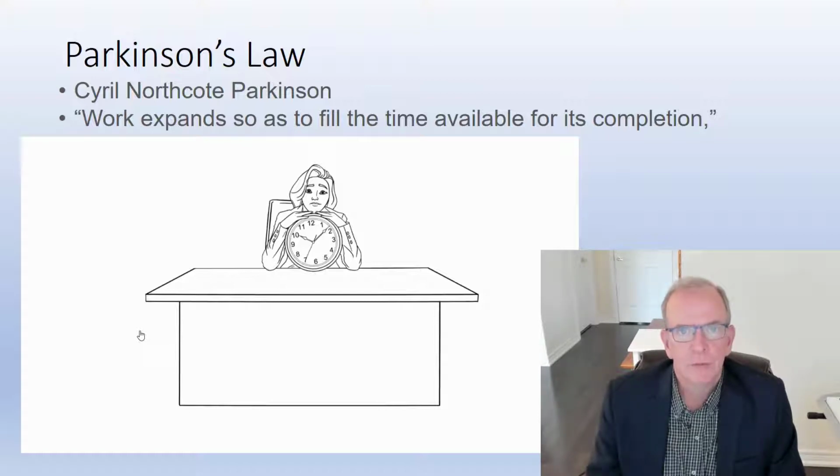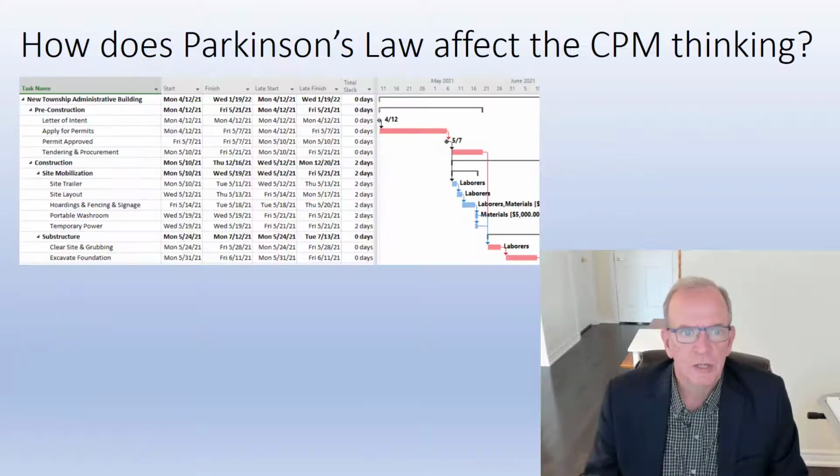If you give them 3 days to do the same task, it'll take them at least 3 days to complete. So he felt there was a psychological connection between the time period that people were given for tasks and activities and how long it actually took them. And when you think about that, that has a dramatic effect on project management.